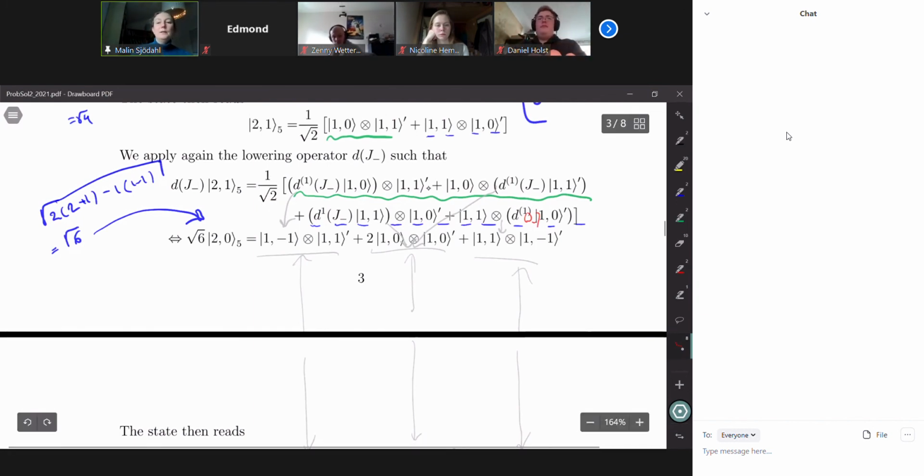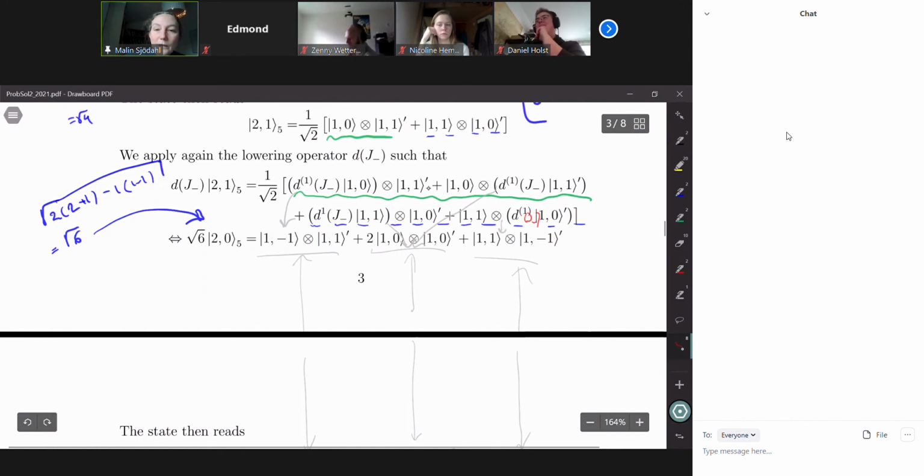And then I had this state obtained in 2 different ways, because in a sense there were 2 different routes for going down from the maximal state to this state. Whereas this state could only be obtained in one way, and similarly this one could also only be obtained in one way, because in both cases, starting from 1, 1, 1, 1, one had to act with the lowering operator twice on the same state, here for the first state and here for the second state.